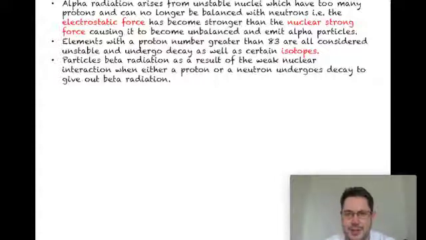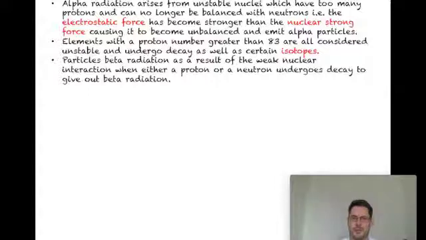In which case, this is what happens when we get to a certain size nucleus, and then they want to emit alpha particles to try and restabilize themselves, and that is when we get radiation or radioactive nuclei.